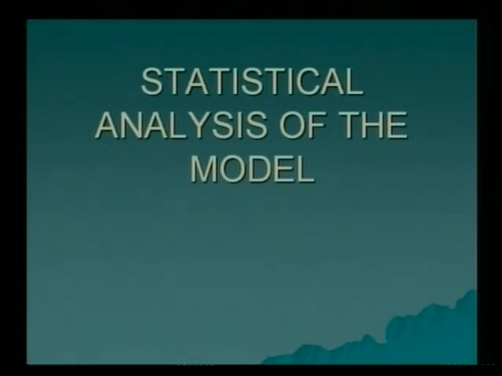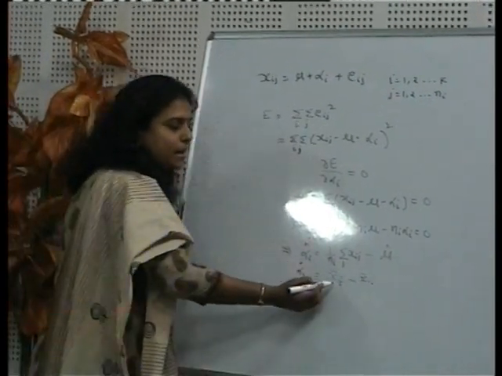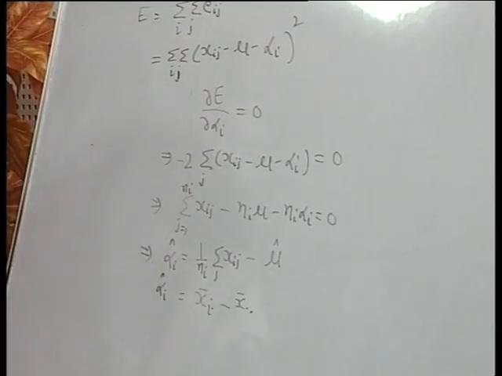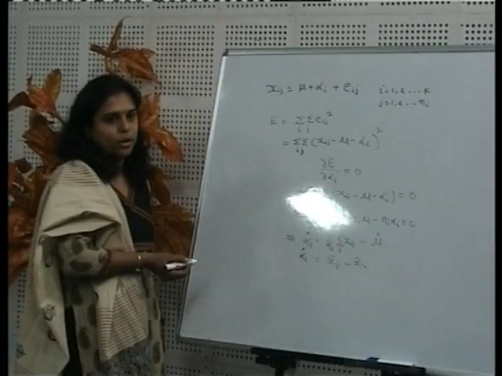This xi dot bar is nothing but the mean of the ith treatment, and mu cap, as we have already obtained, is x bar double dot. So thus we get the estimate of alpha i cap as xi dot bar minus x bar double dot. So this is the estimate of the other parameter alpha i cap, as xi dot bar minus x bar dot dot.